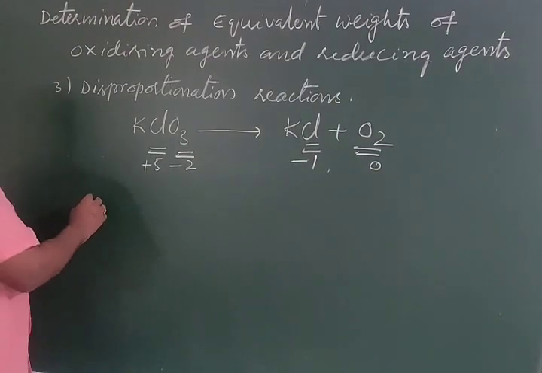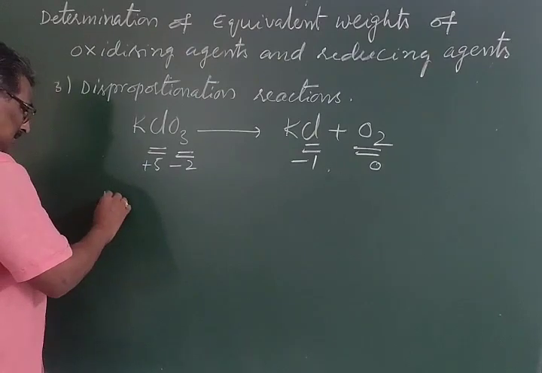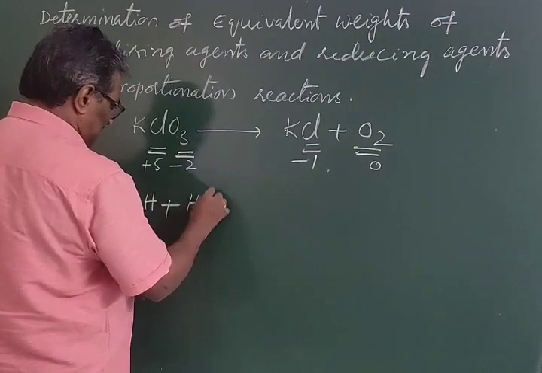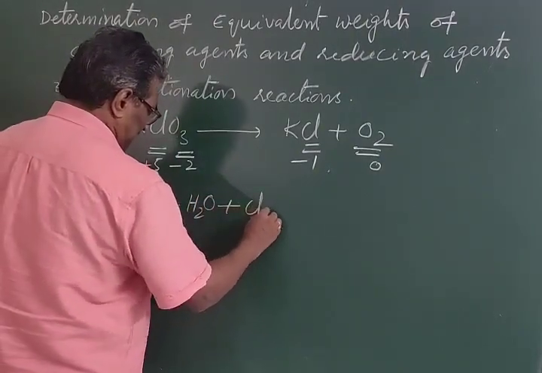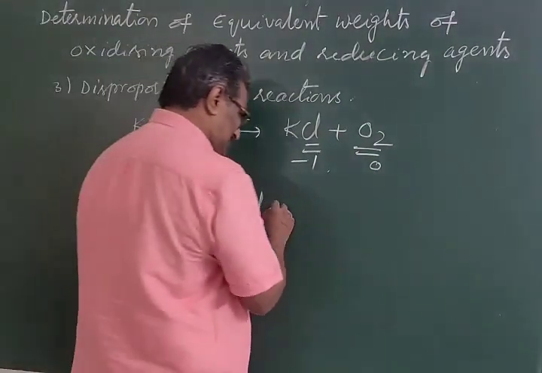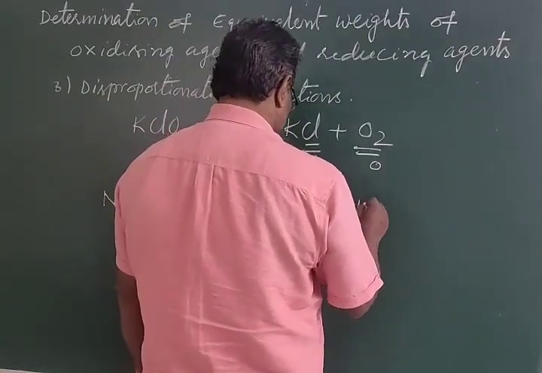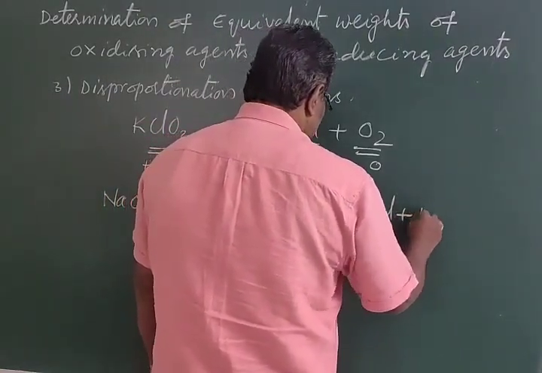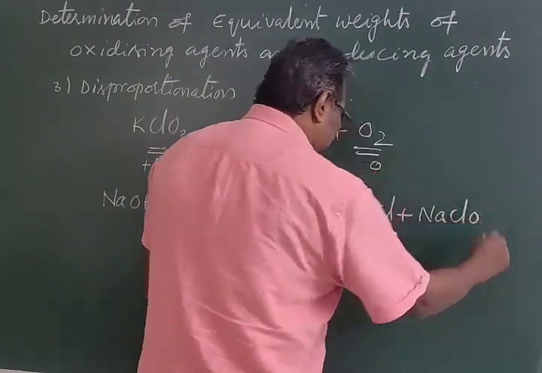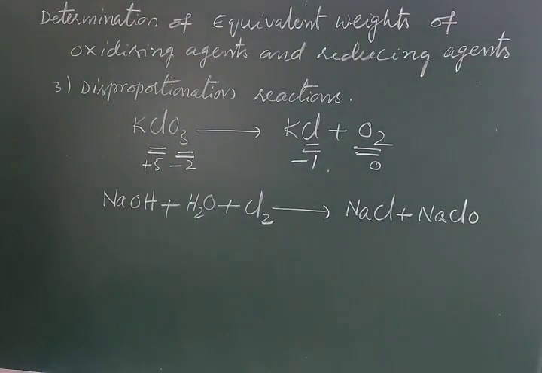For example, when chlorine gas is bubbled through cold dilute sodium hydroxide solution, it gives sodium chloride and sodium hypochlorite, NaClO.